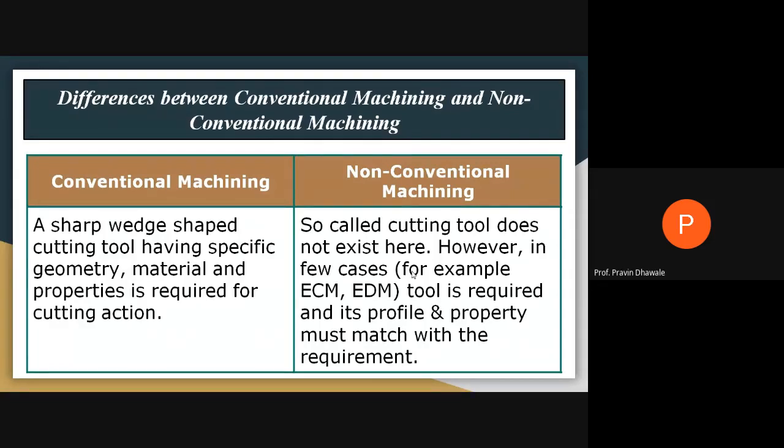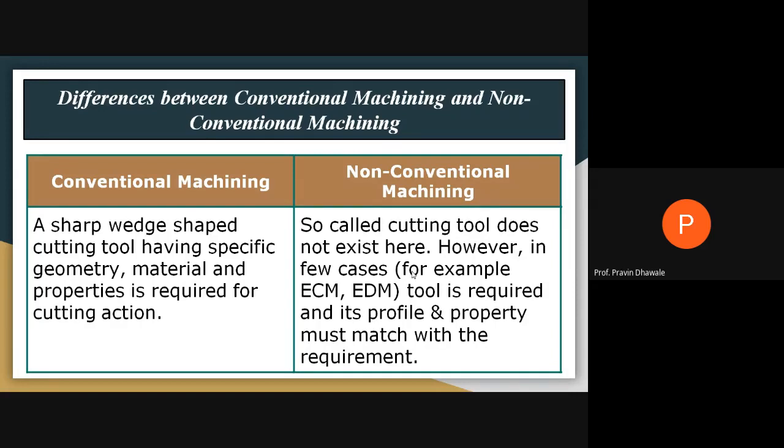That is, a sharp wedge shaped cutting tool, having specific geometry, properties and material, is required for cutting action, which will be helpful to remove the material from the workpiece in the form of chips.